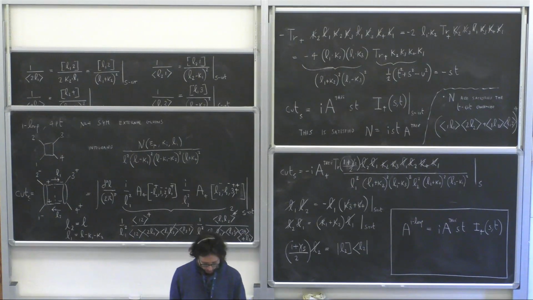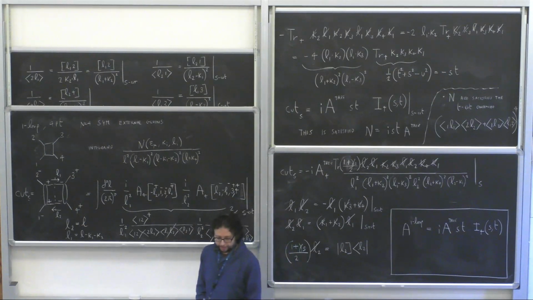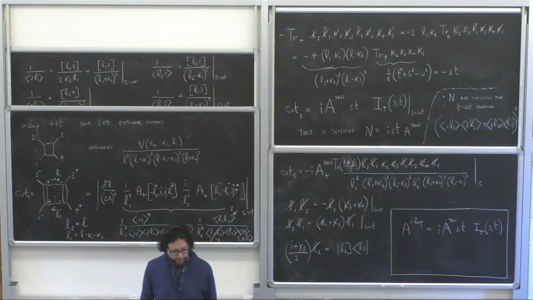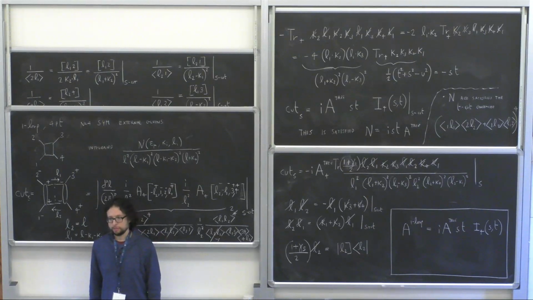Another question which deserves some commenting on is the nature of rational terms. A very common objection, or something that can be remarked at this stage, is the fact that it can be asked, at least, are all the contributions to amplitudes cut constructible?